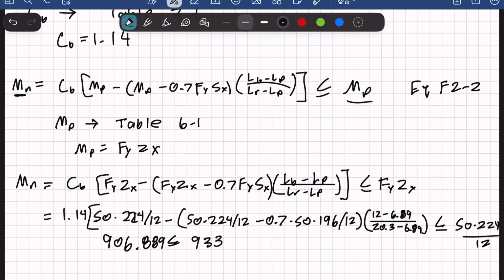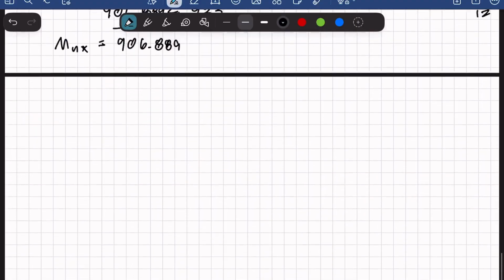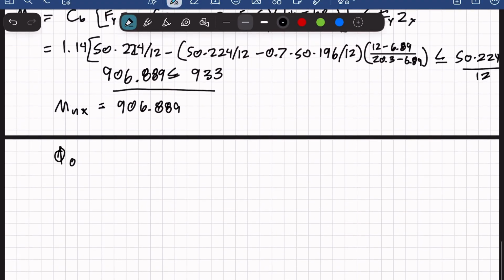So essentially, back to this. This equation checks out. This passes. So Mn, I should also clarify, this is Mnx because we're talking about strong axis bending here, is going to be equal to 906.889. With that, phi b is 0.9, as I just mentioned.